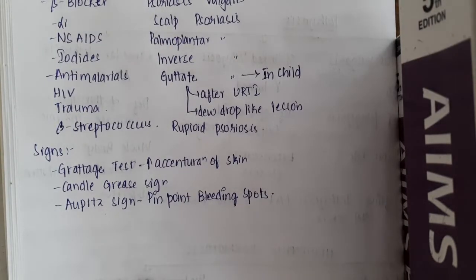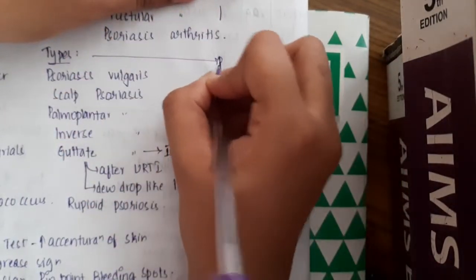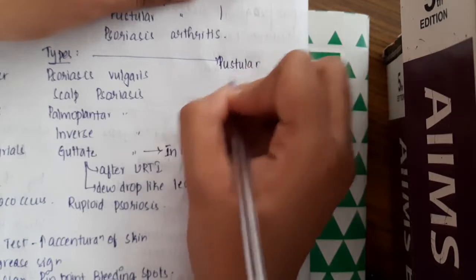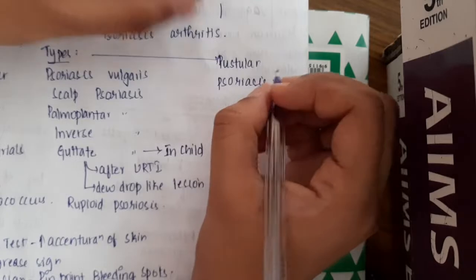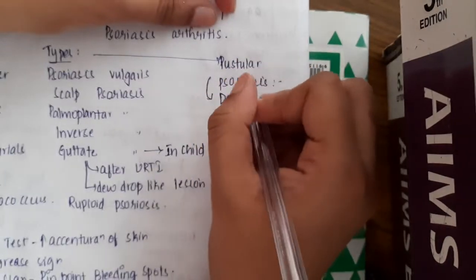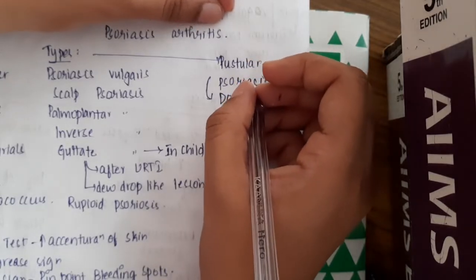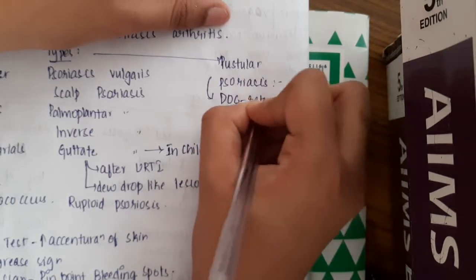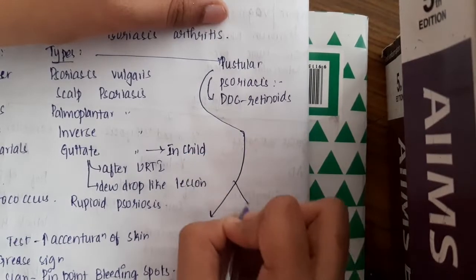Then we have one more type of psoriasis, which is called pustular psoriasis. The drug of choice for this pustular psoriasis is retinoids. Pustular psoriasis is divided into two types.